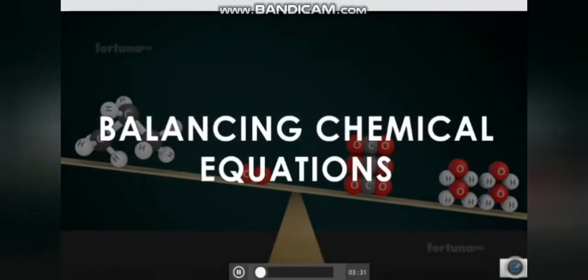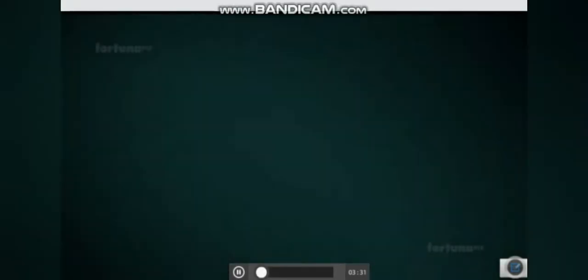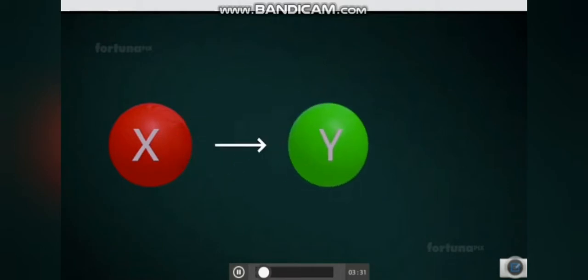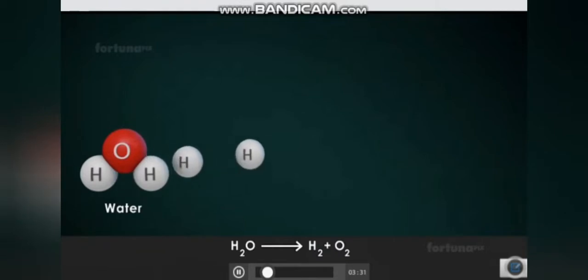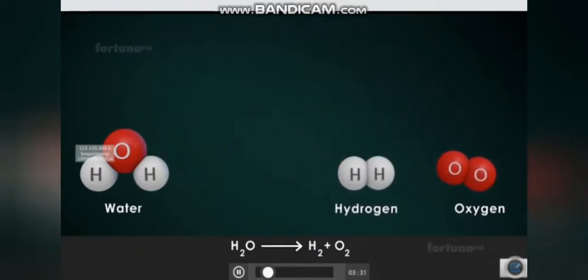Balancing chemical equations. A chemical equation is a specific, representative statement about a chemical change. As an example, let's take a look at a representation of the decomposition of water into hydrogen and oxygen.